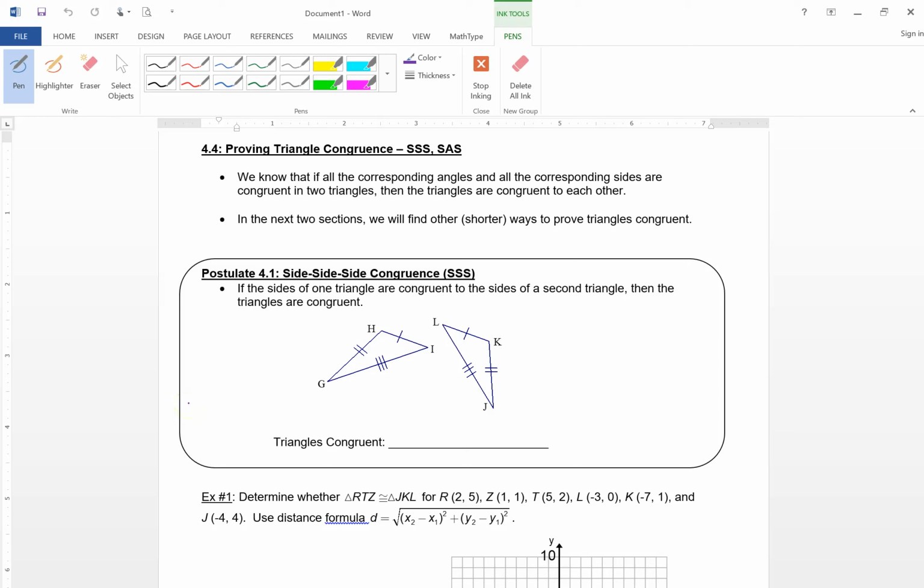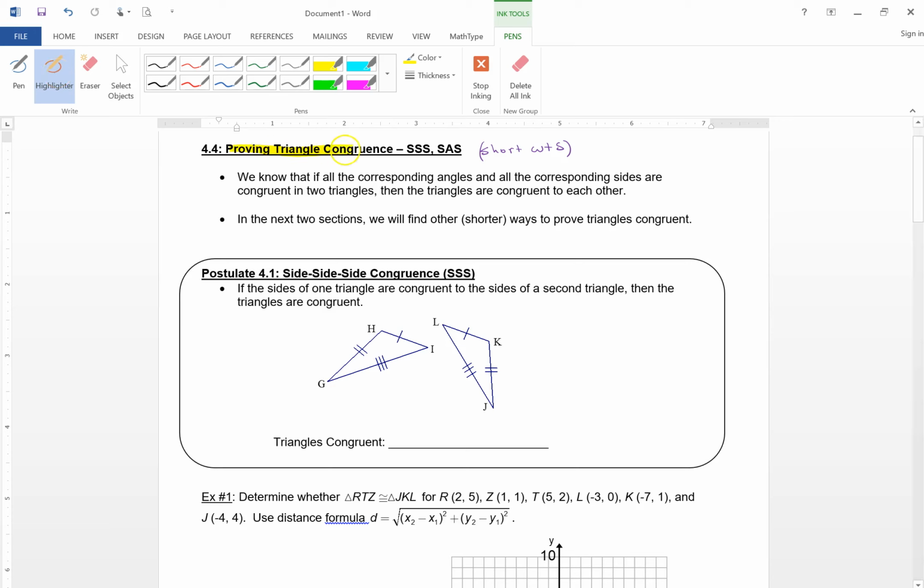We talked about how if triangles are congruent, then all of the corresponding parts are congruent. Here we're going to talk about some shortcuts to prove that two triangles are congruent to each other.